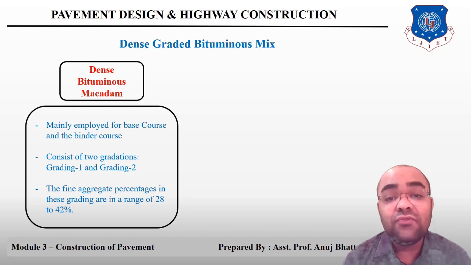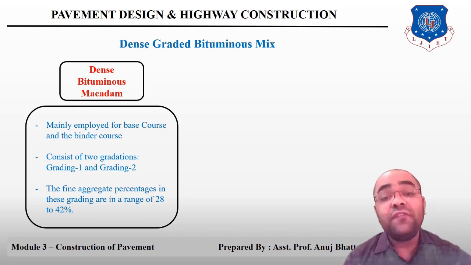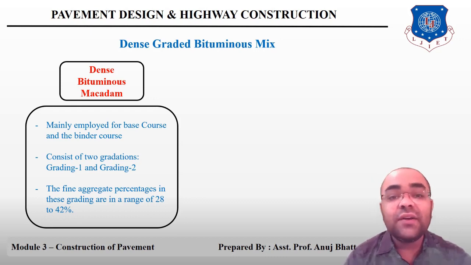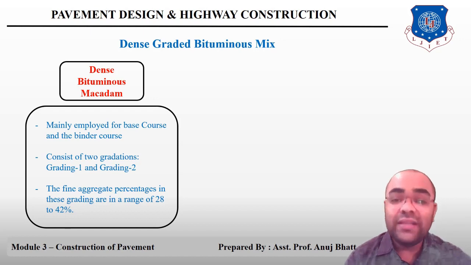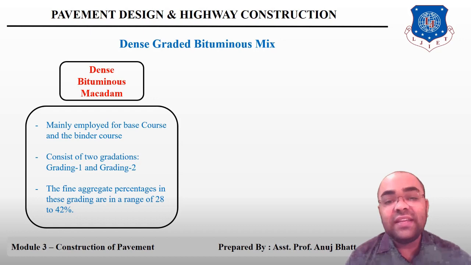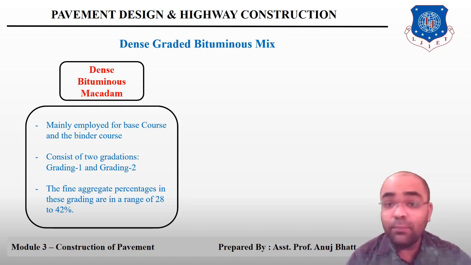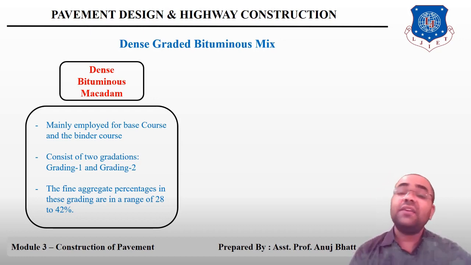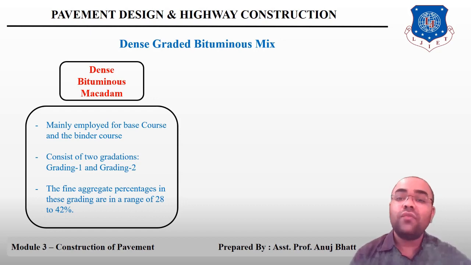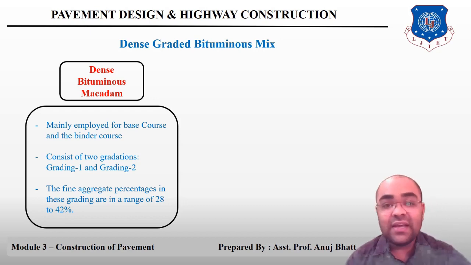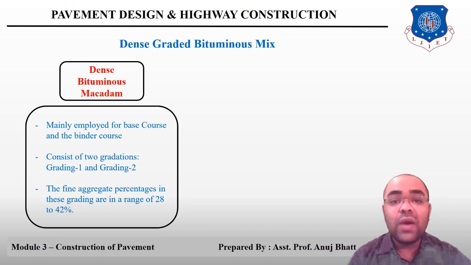25 mm. The fine aggregates percentage in both gradings is the same, in the range of 28 to 42%. The main criterion that differs between the two gradings is that grading 1 consists of large size particles and grading 2 has smaller size particles.